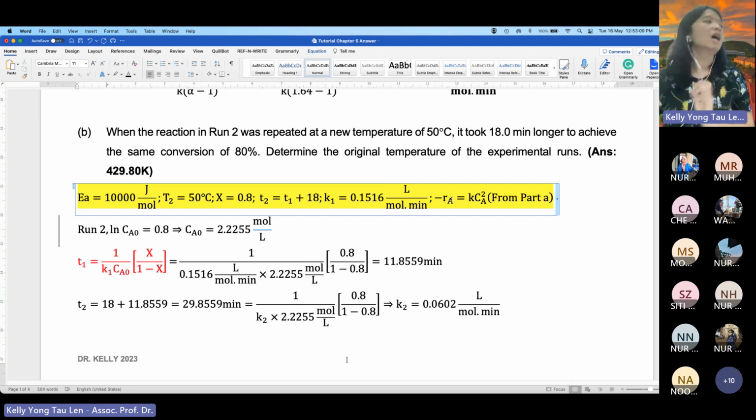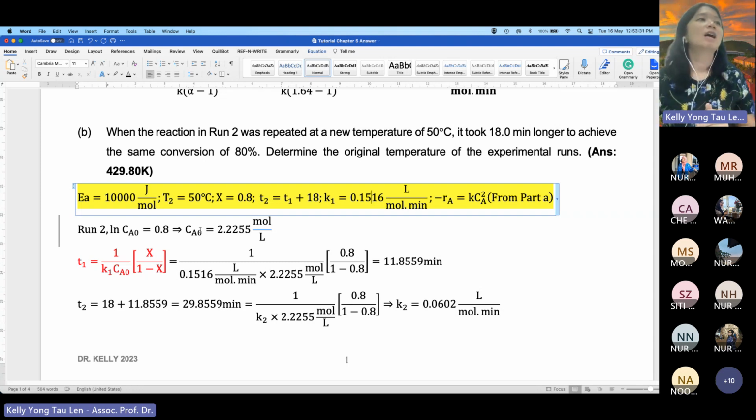Okay, so next, how to solve this? Okay, so now you have to remember when we talk about reaction time dalam batch reactor, kamu kena check balik chapter 4. Okay, kamu ingat kalau batch reactor, we will always find reaction time. Okay, and you remember dia ada equation yang berlainan bergantung kepada rate law yang berlainan.